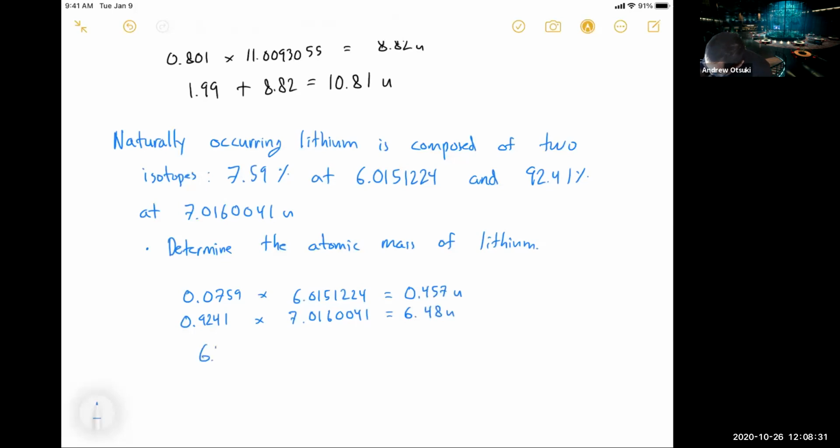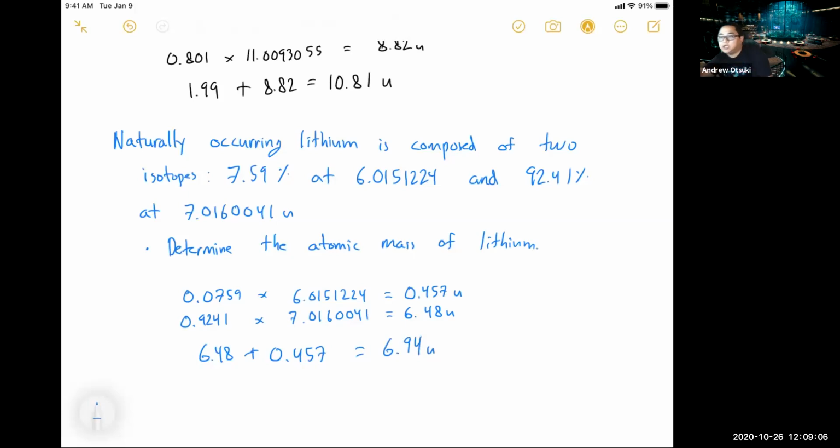Now let's combine 6.48 plus 0.457, and that will give us 6.94 atomic mass units. All right, now let's check that number with the atomic mass for lithium on the periodic table. And we get 6.94. So that's exactly what we see on the periodic table.